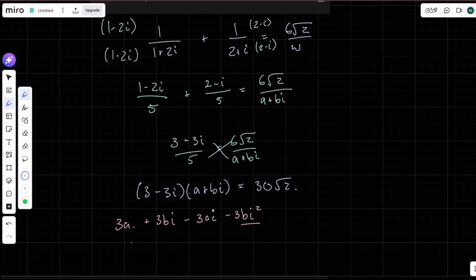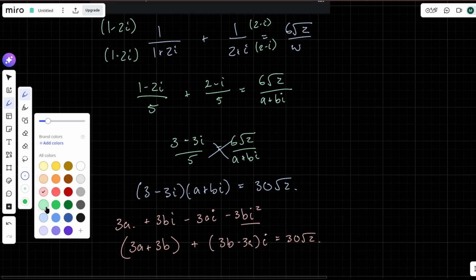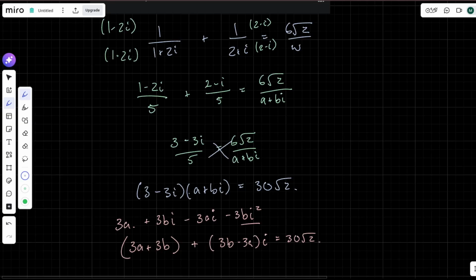So we've got 3a plus 3b. Those are our real components. And then over here, we're going to have 3b minus 3a i, and that's equal to 30 root 2. This is really interesting. It almost seems like it's not going to work. Maybe we have done something wrong, but we'll find out.